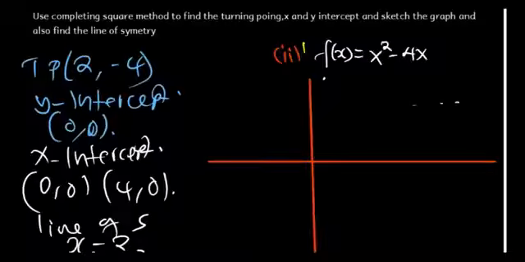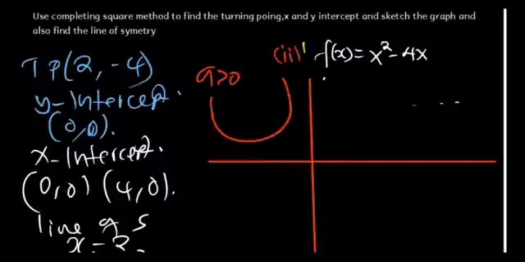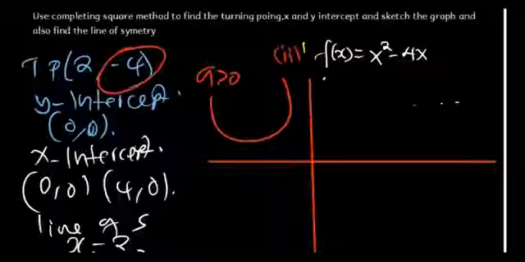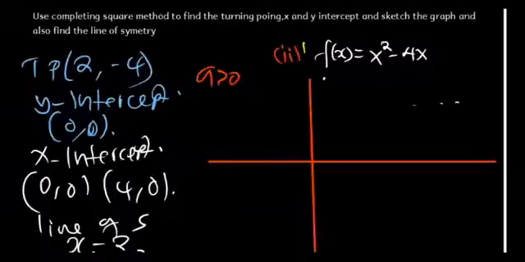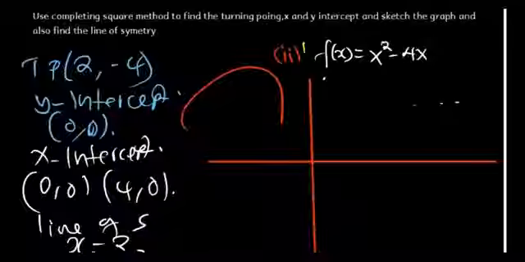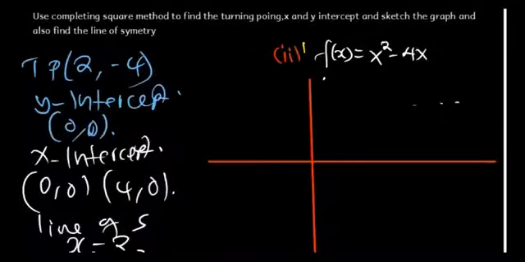At the same time, we know that our a was greater than 0. It was 1 actually. So the graph is supposed to have its own minimum. Before you even sketch the graph, you know that the graph is supposed to be like this or like this. That is also very, very important.